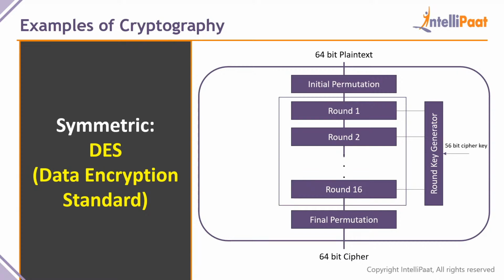It is transferred to round 16, and then the key works on round 16 for the ciphering, and then it is passed to the final permutation step. In final permutation, similar to the initial permutation, based on a particular table, the data is jumbled up, and then at the end of it, you get the same amount of data back, which is 64-bit. Now it has been converted into cipher.